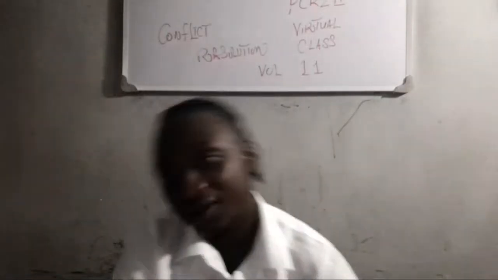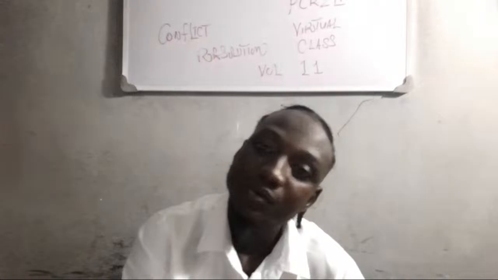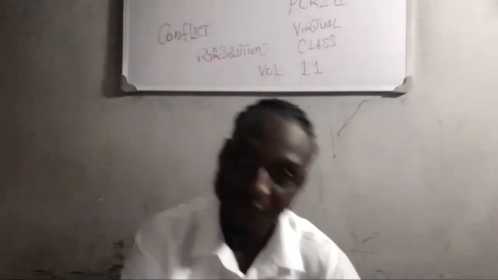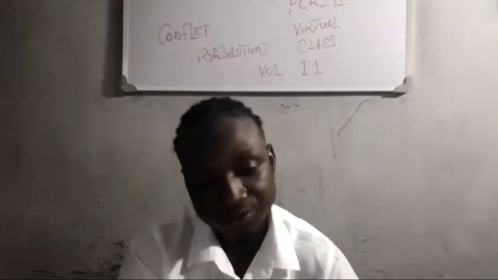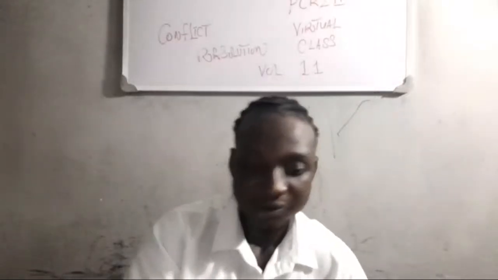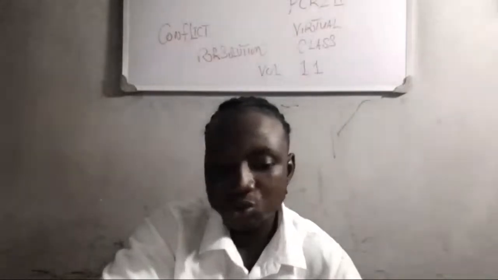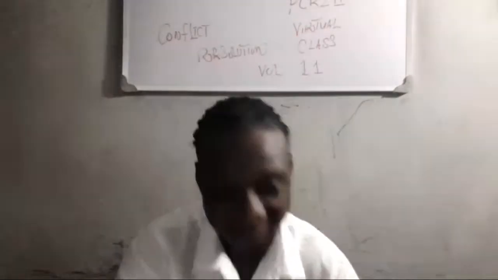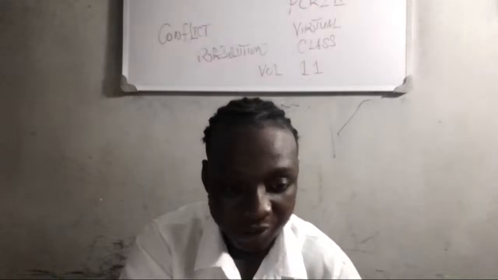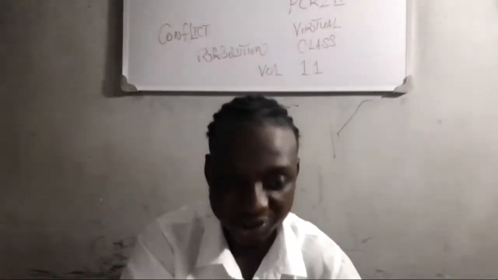It might be a case of, okay, we are fighting, please help us manage the situation. Referral of a conflict to a neutral third party. So then we'll talk about conciliation.